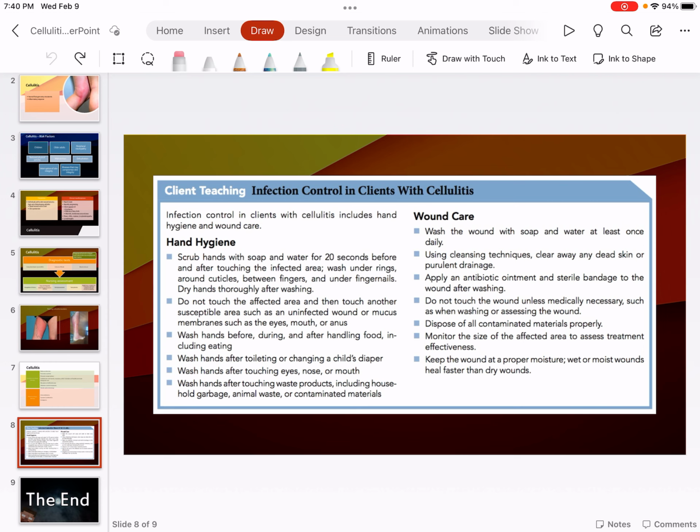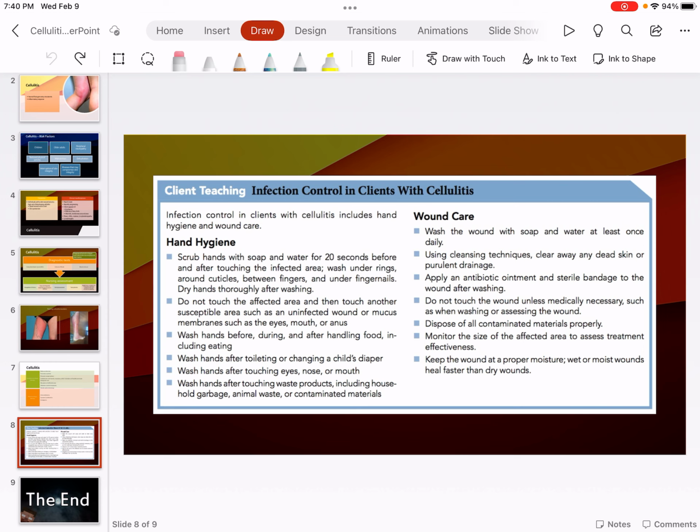And then obviously infection control measures are important to not expose the patient to any additional infection, and to also not expose others to the patient's infection. So if they have a seeping wound, containing that and washing your hands is really important so that you don't spread that bacteria to others.